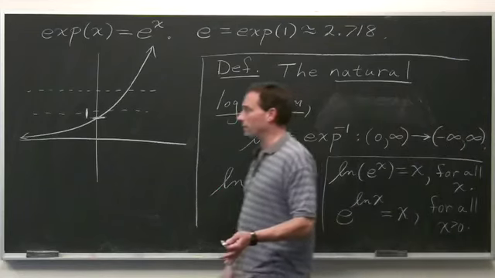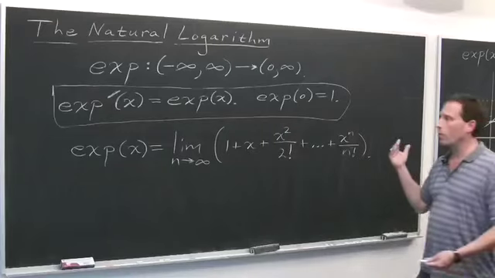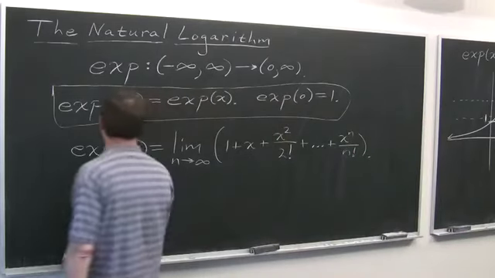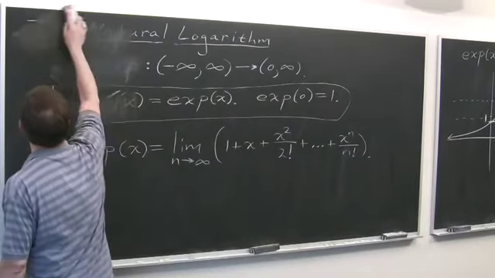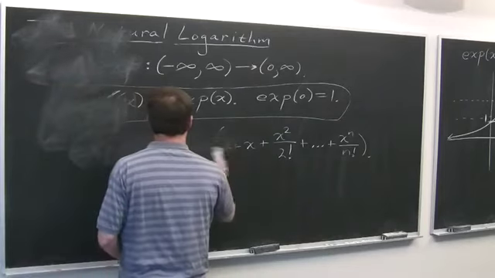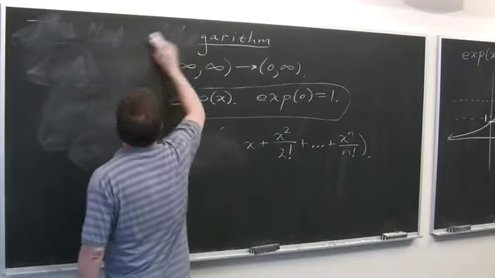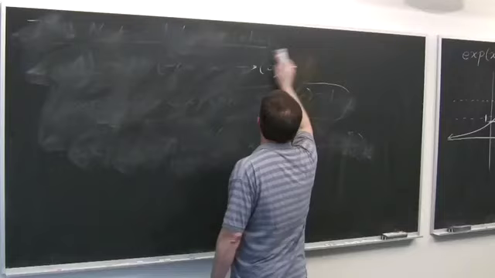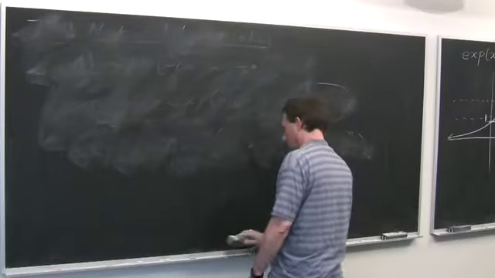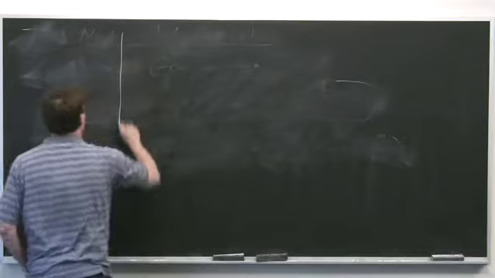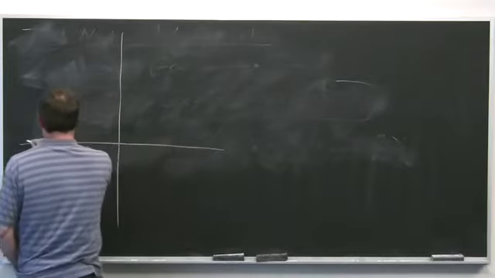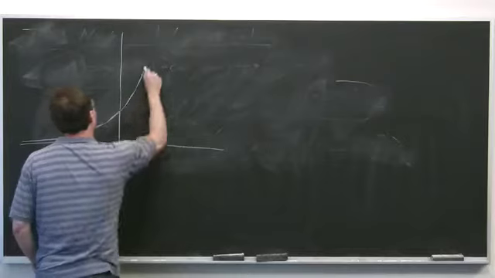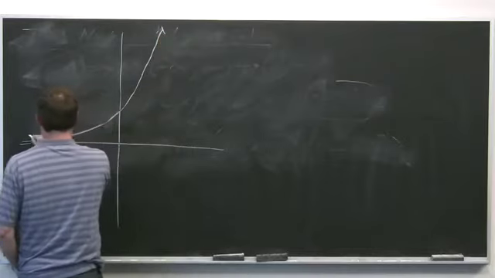Because we know the graph of the exponential function, and the natural logarithm is the inverse of that, we immediately know the graph of the natural logarithm function. The graph of the exponential function looks roughly like this.